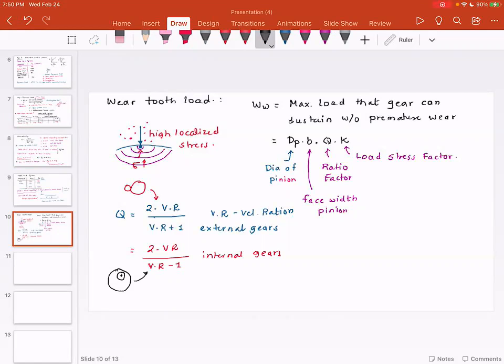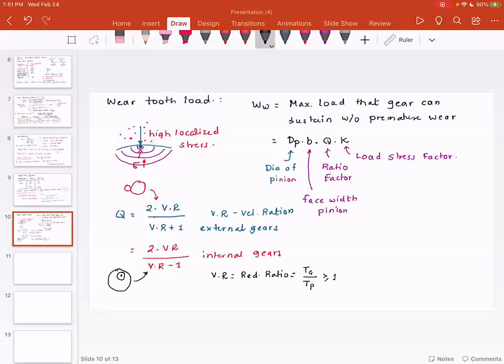And this VR, the velocity ratio, is again nothing but the reduction ratio, or simply the ratio of number of teeth on the gear divided by number of teeth on pinion. So this ratio will always be greater than or equal to 1. So please note the number of teeth on the gear will be greater than or equal to number of teeth on the pinion.